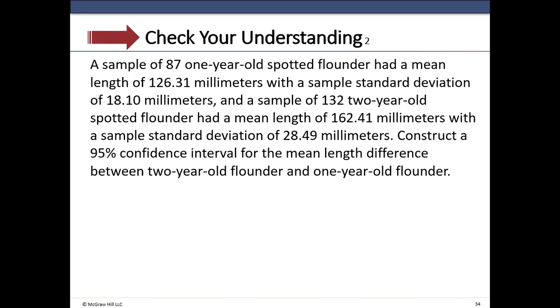Input stats. Why am I calling the 2-year-old flounder 1? Because we want to find the difference between 2-year-old flounder and 1-year-old flounder. Of course, the 2-year-old flounders are a little longer in length, so 1 we will call the 2-year-old flounder.